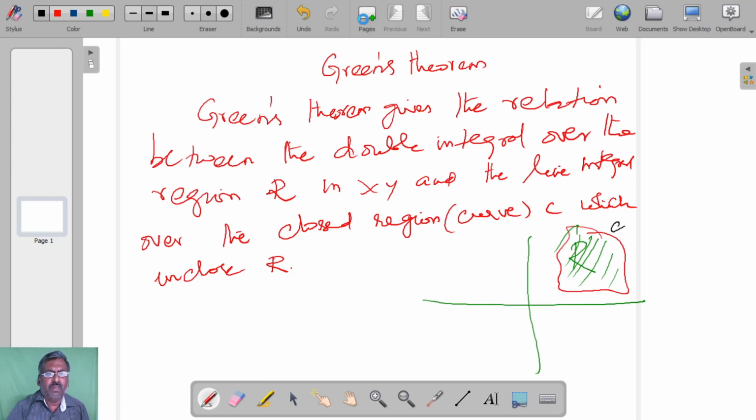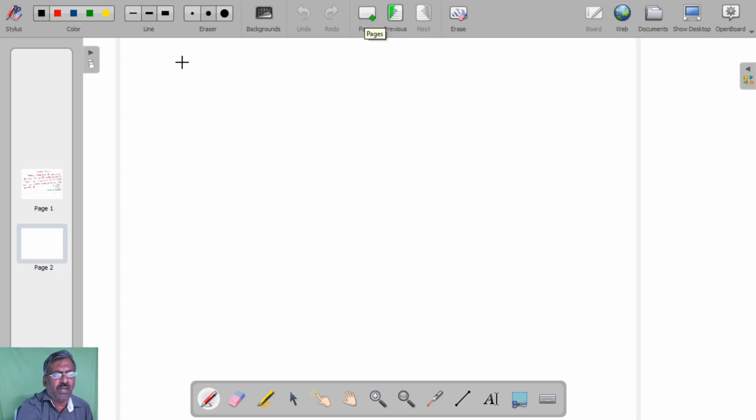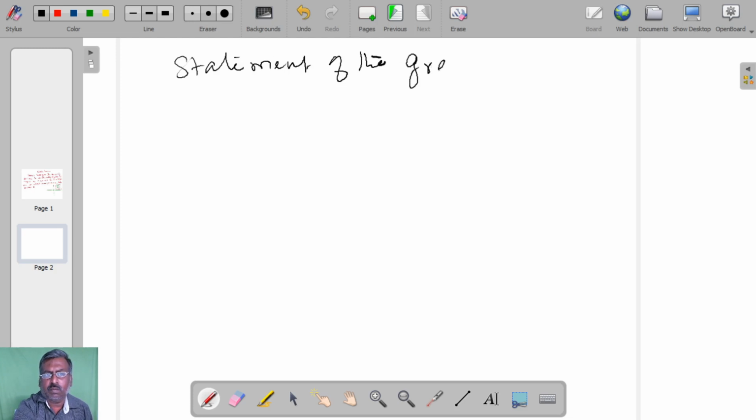Now see the statement of Green's theorem.